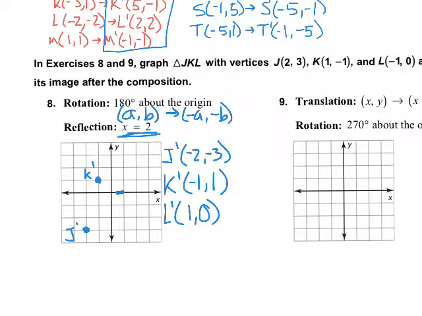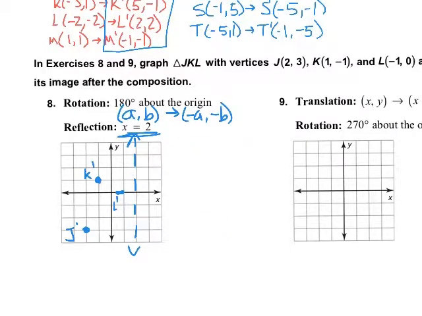There is my L prime. And then I'm supposed to reflect it across this line right here, x equals 2. Okay, so actually, you know what? I think I'm going to have to get these out of the way because it's going to come over here.